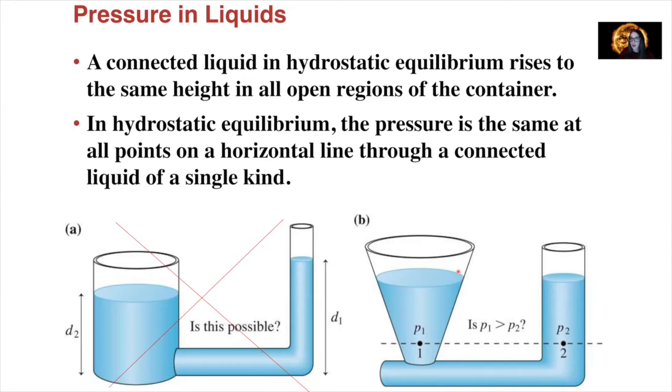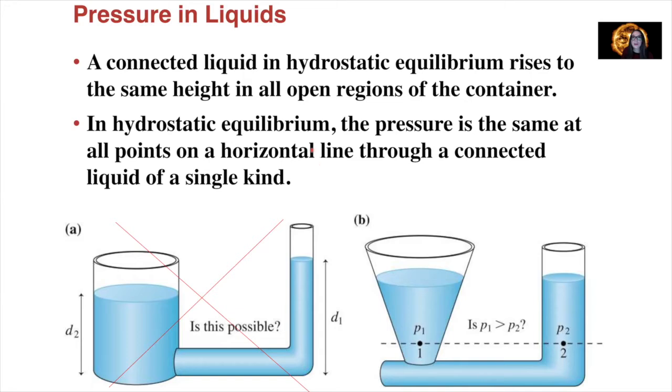One side of the container has a larger opening cross-sectional area, and the water is free to move through here, and then we've got a smaller cross-sectional opening over here. Both of these are exposed to atmospheric pressure. So no matter what the shape of either side of the vessel, the liquid will always rise to the same height on either side, if you have the same density of liquid throughout.